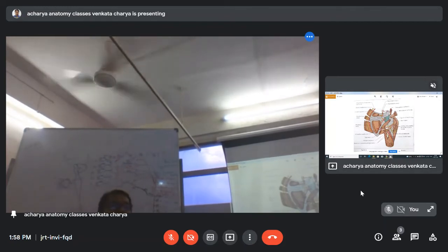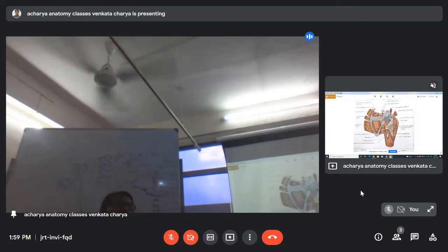Number 2, rhomboid minor, and number 3, rhomboid major. So these 3 muscles are supplied by which nerve?